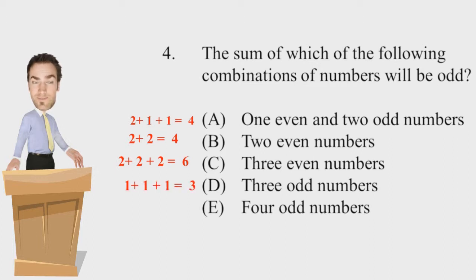D, 3 odd numbers, that would be something like 1 plus 1 plus 1. That's 3. That works, so that's probably going to be the answer. You can keep going to double check to make sure that you can eliminate E. 4 odd numbers would be 1 plus 1 plus 1 plus 1, which is 4, which doesn't work. So indeed, the correct answer has to be D.